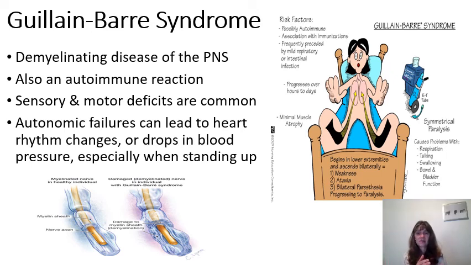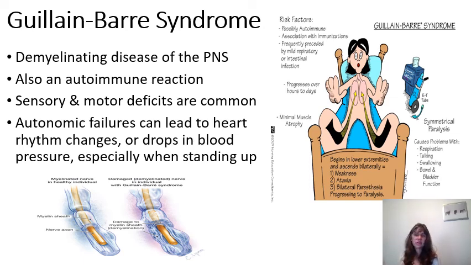It progresses over hours to days, but some people may live with Guillain-Barre for months, maybe a few years, but it usually does tend to resolve more quickly than that. There is minimal muscle atrophy because it usually does resolve fairly quickly.